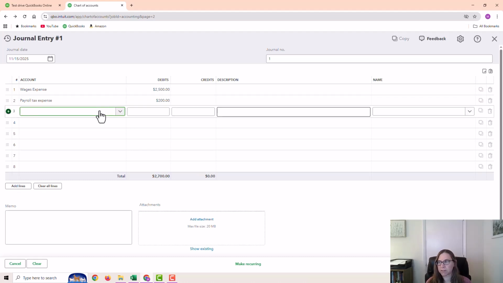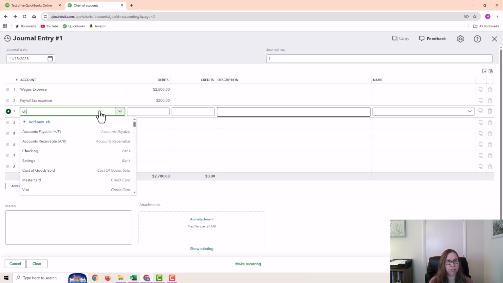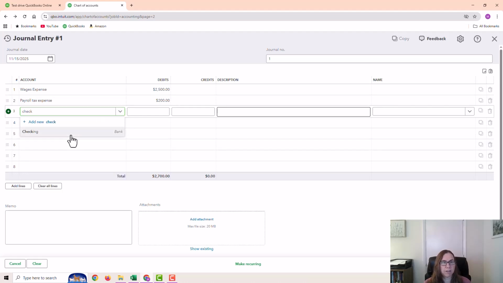For the employee tax withholdings, now there's a couple different ways you can do this. You can put this in the liability account and then have a separate entry for the payment out of checking, or you can just deduct it right from checking. It's up to you on what you think makes more sense. I'm going to go ahead and use the payroll liabilities account.